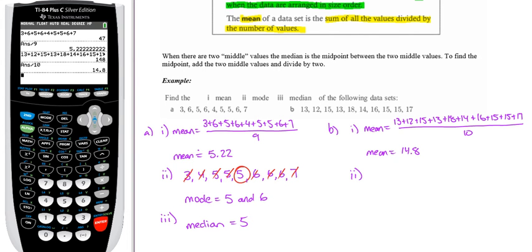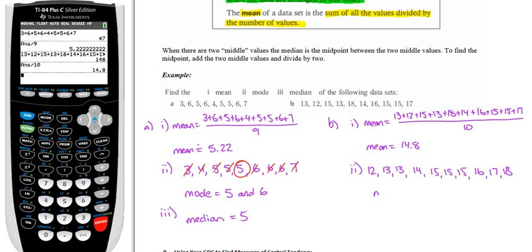For the median and mode, again, it can be helpful to write it in order. So we'll start with the 12, 13, 13, 14, 3 15s, a 16, a 17, and an 18. And I should still have 10 numbers. I do.